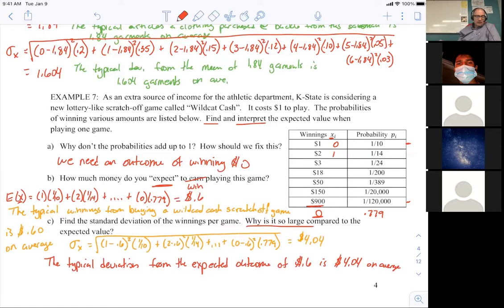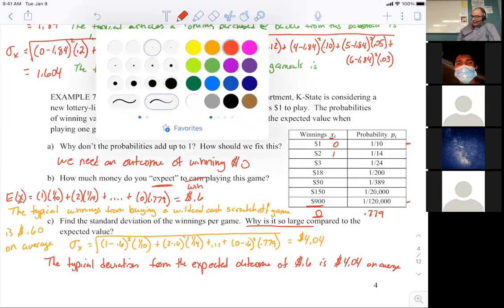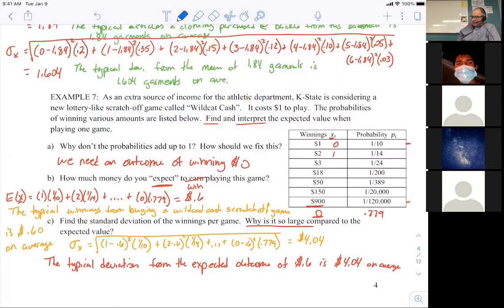So the answer to this question, and maybe I should put it in a different color, not that you get to write in different colors, but we'll underline that in blue. Why is it so large? Well, that's because we have a large standard deviation because the scale is large, 0 to 900.